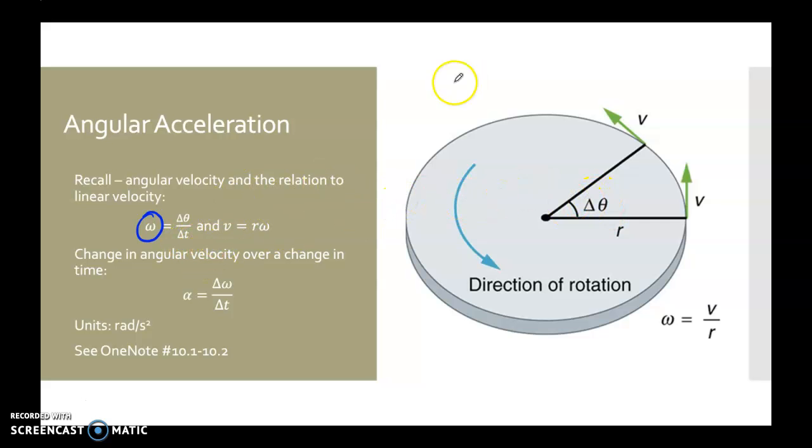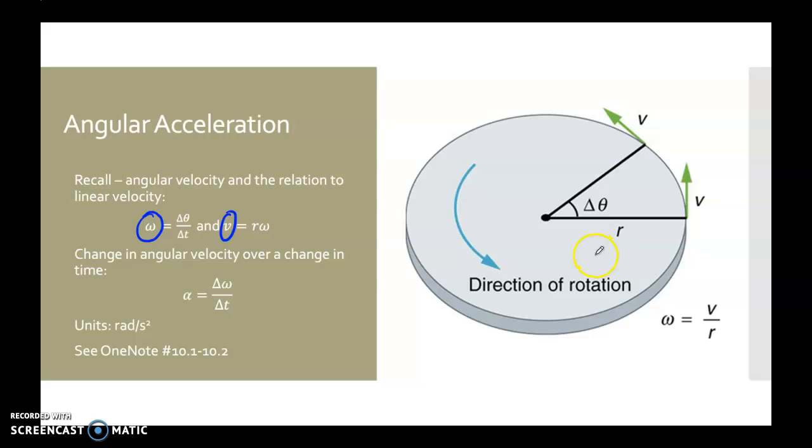Now in the past we related that to our linear velocity, which is our v here, and it equals our radius times our omega, which is our angular velocity. So we need to understand that before we can proceed. We need to remember that idea of angular motion.